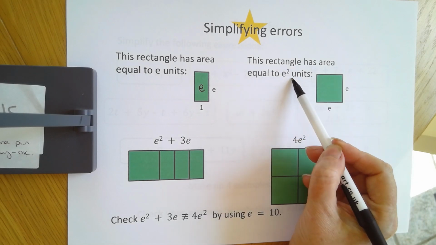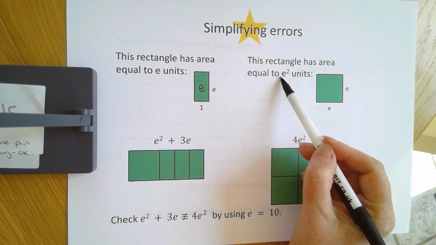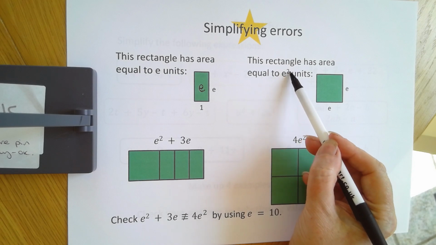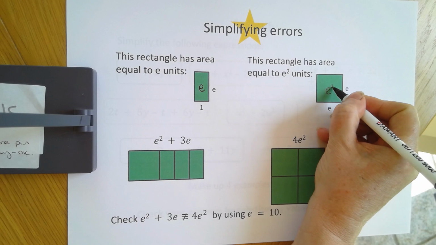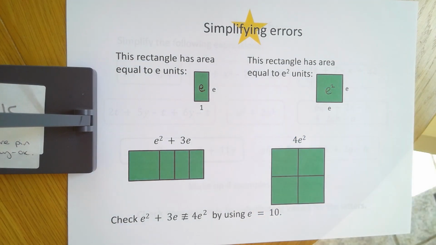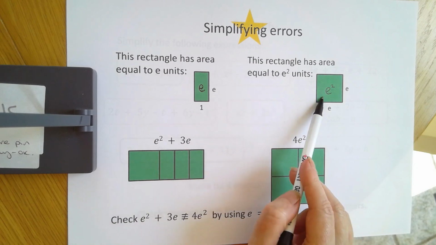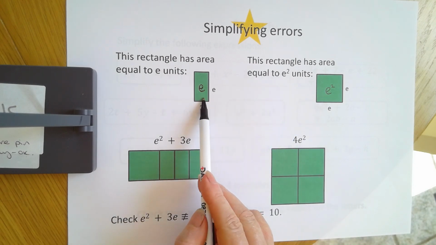We would write that as E times E. When we times something by itself, we're squaring it. So we just write it as E squared. So that's E times E. So you can see the area of this shape and the area of this shape are not the same.